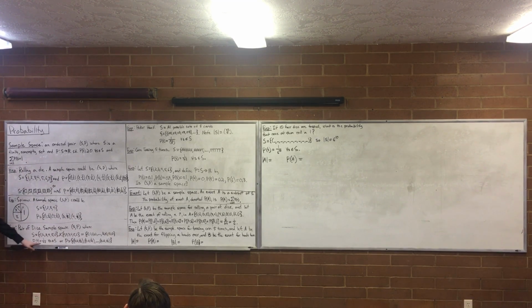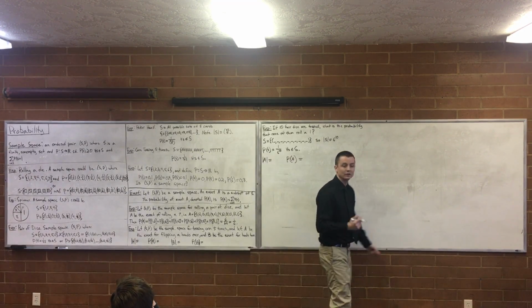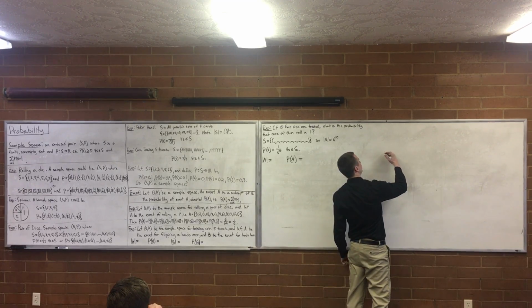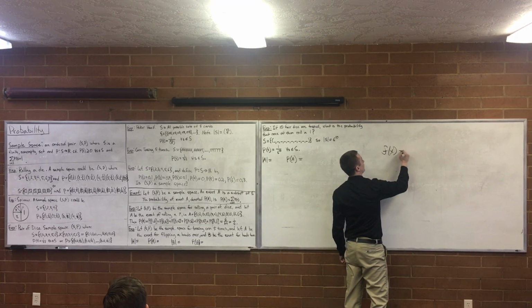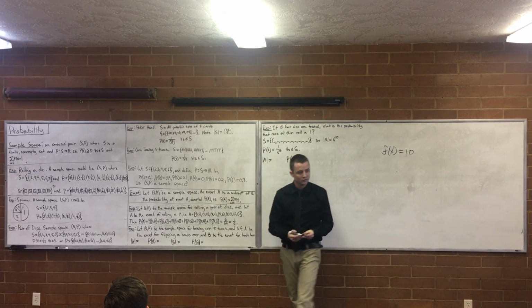Or you just write it like that. This is how I would recommend writing it. This is a perfectly valid way to write it, because that's a function still. That first notation is basically just saying this is the probability of any outcome. You're already used to this notation. You just need to retrain it. When I say f of x equals 10, what does that mean? That means for any x you plug in there, you get 10 out.